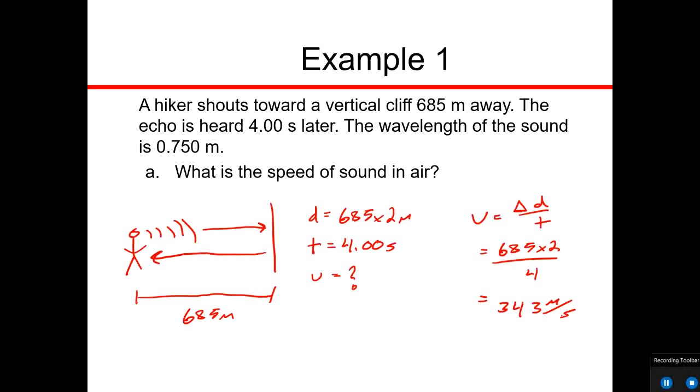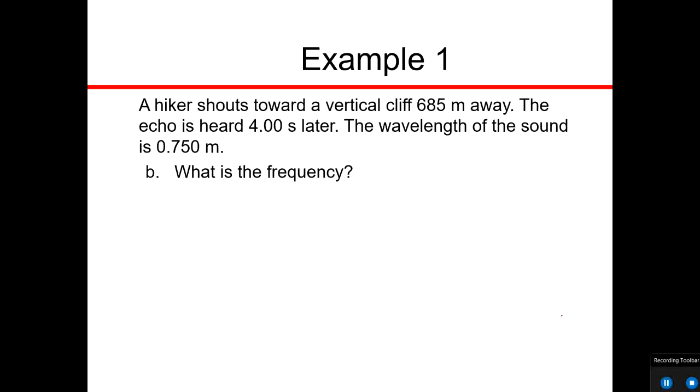Okay, so the second part of this question, so 343 meters per second, what is the frequency of the wave? Well, now that we have the speed of the wave as 343, and we know the wavelength, 0.750 meters, given to us in the question, we can use that and use our wave speed equation, v equals wavelength times frequency, to calculate the frequency of the wave.